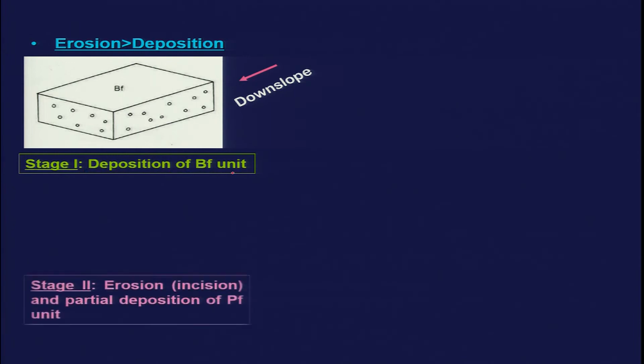Suppose, for example, we have material which has been deposited along the downslope, and this is the surface we see, BF. Stage 1 is deposition of the BF unit, and stage 2 is erosion or incision and partial deposition of PF units.